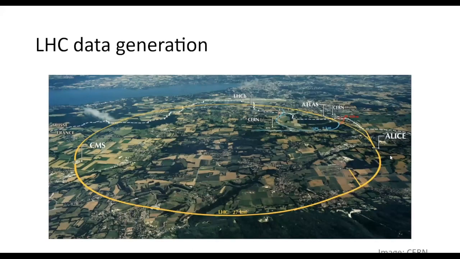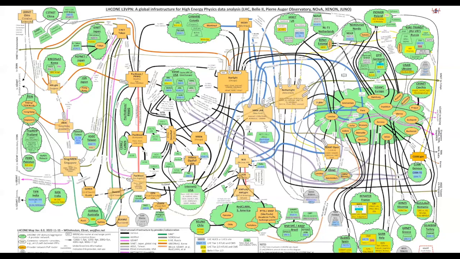The Large Hadron Collider generates petabytes of data every year, and we want to be able to access this data not only from being directly on site, but from our home institutions throughout the world. And for this reason a network was created, which you can see on the screen.